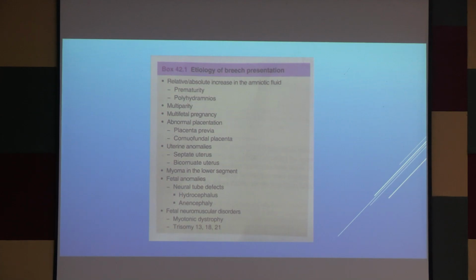Fetal anomalies, neural tube defect, that is hydrocephalus, the head is big, so it will be accommodated upwards in the fundus. Hydrocephalus, anencephaly, fetal neuromuscular disorder, myotonic dystrophy, and trisomy 13, 18, 21 can all cause breech presentation, but the most common causes are prematurity, polyhydramnios, multigravida, multiple pregnancy, etc.